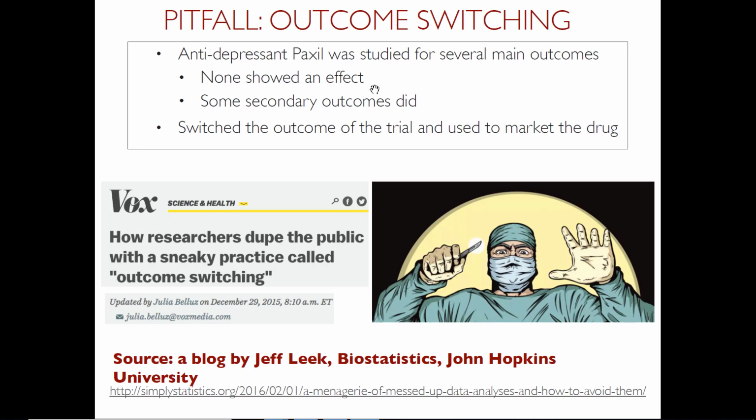And so they started marketing the drug, and eventually it was shown that it was just an artifact association in the data, and it was not at all effective for the secondary outcome.